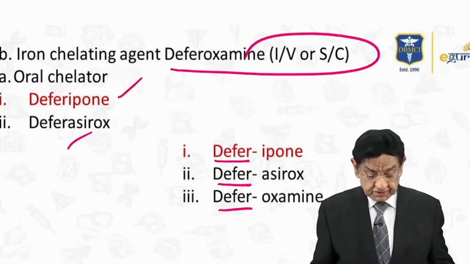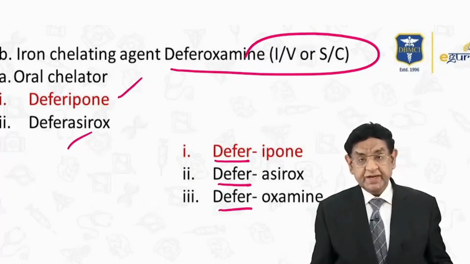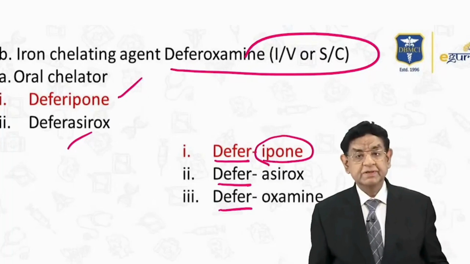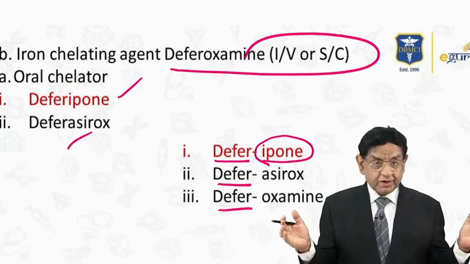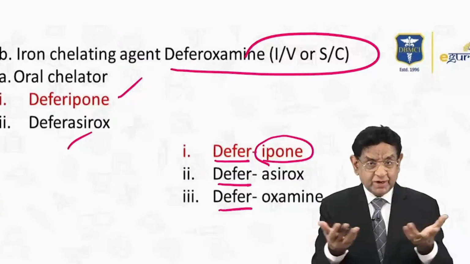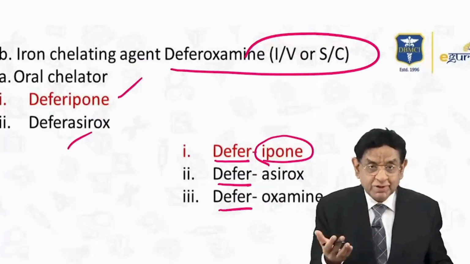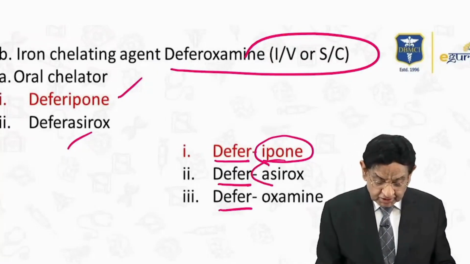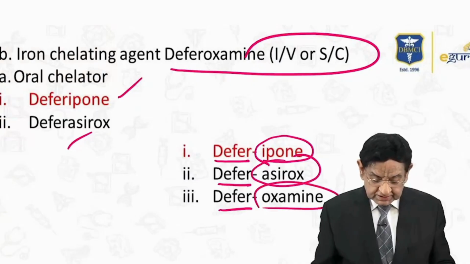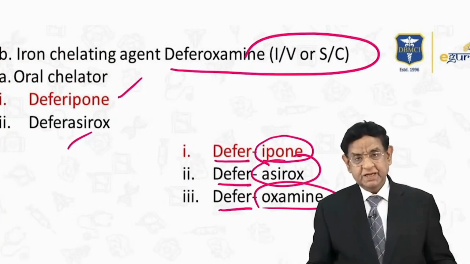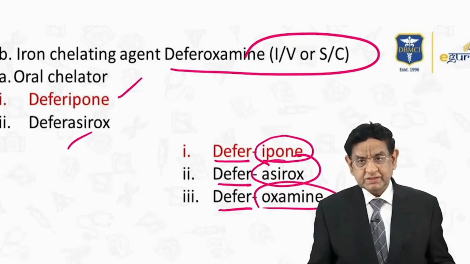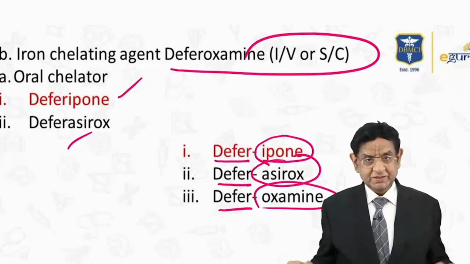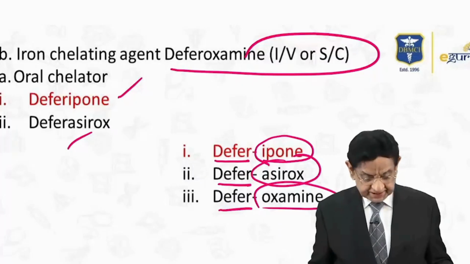So we have defer, iprone, asirox, and oxamine. Very simple. Okay, so three iron chelators.